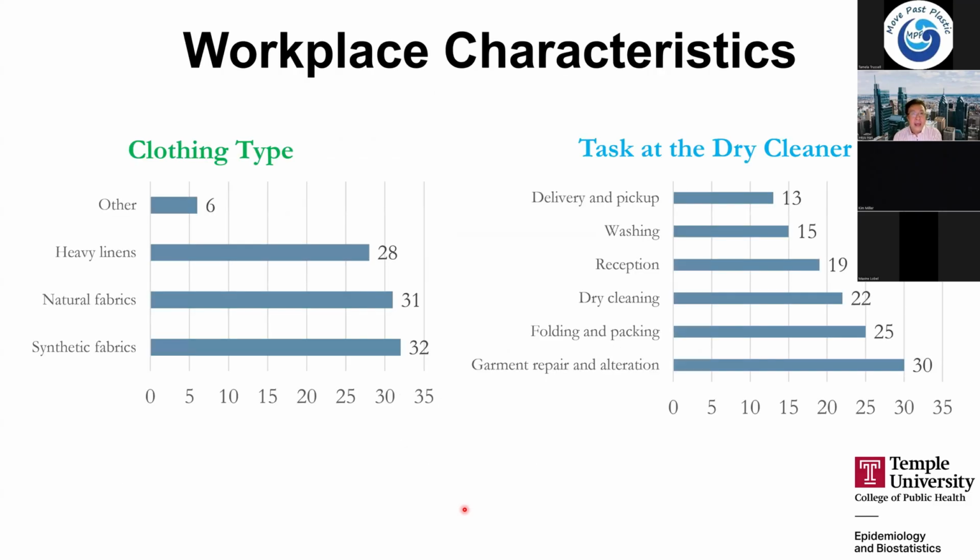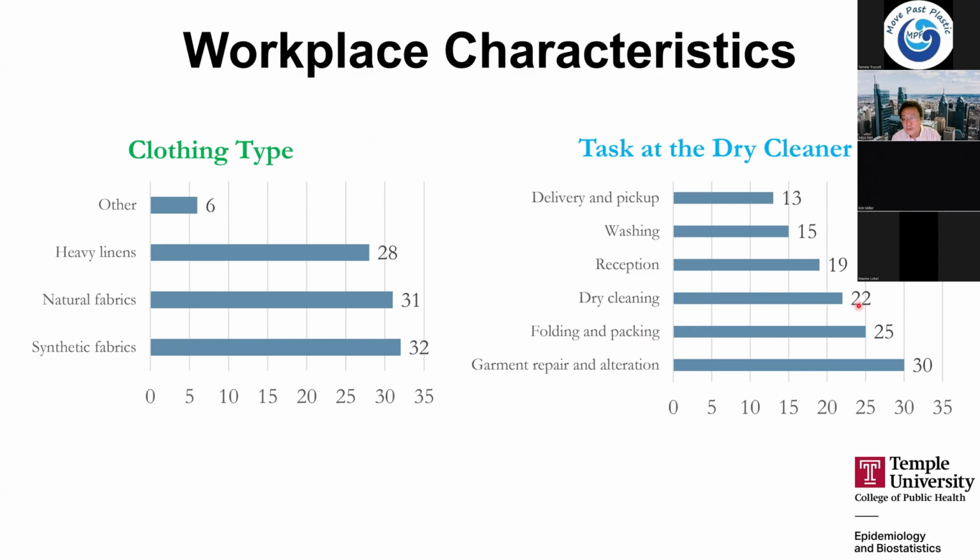Okay. And in the shops, we found that among 34 shops, 32 shops responded that they deal with synthetic fabrics every day, followed by natural fabrics and then heavy linen. And when we asked them about their job tasks, over 90% answered that they do garment repair and alteration, followed by folding and packing.